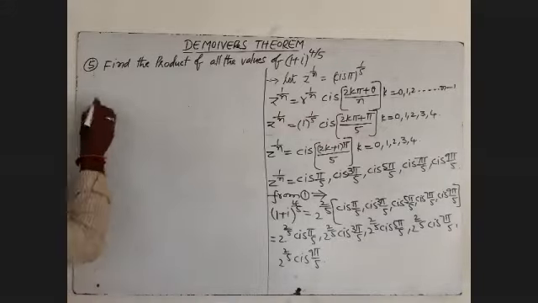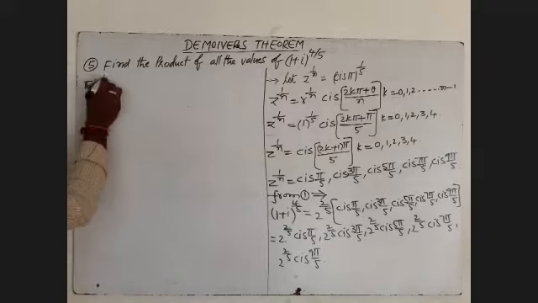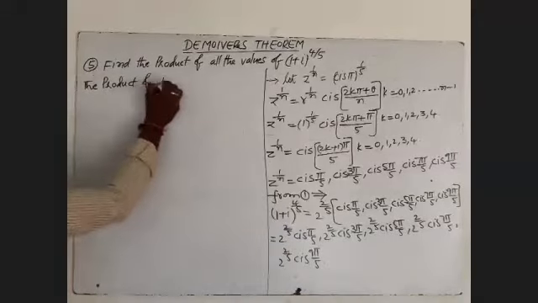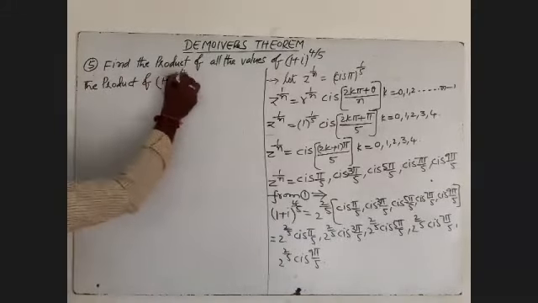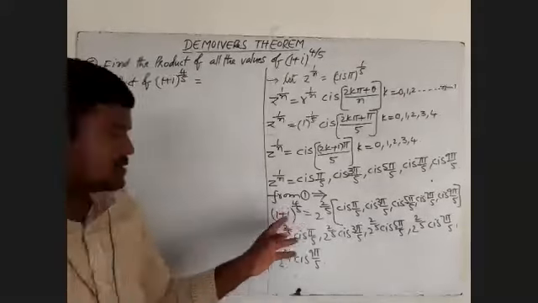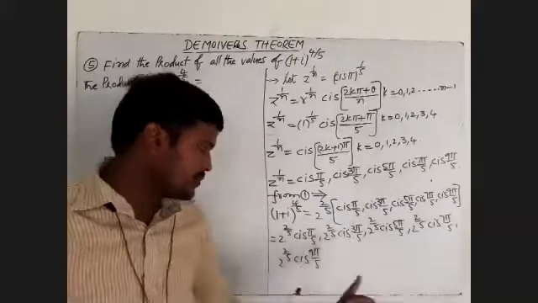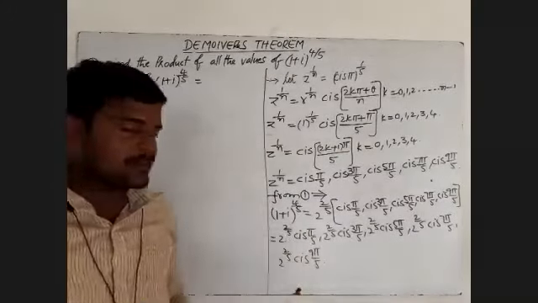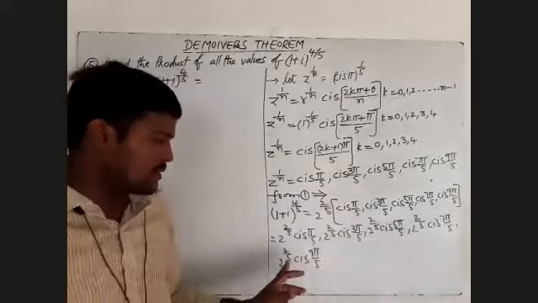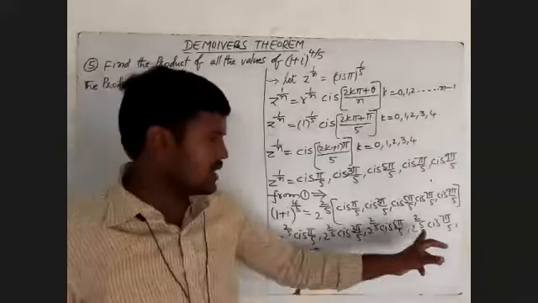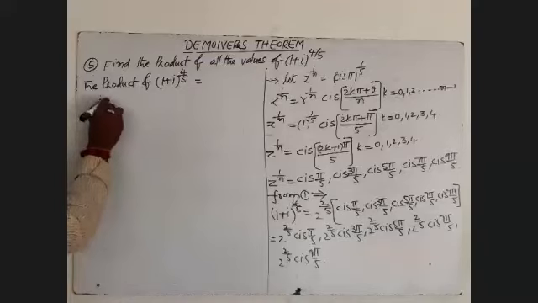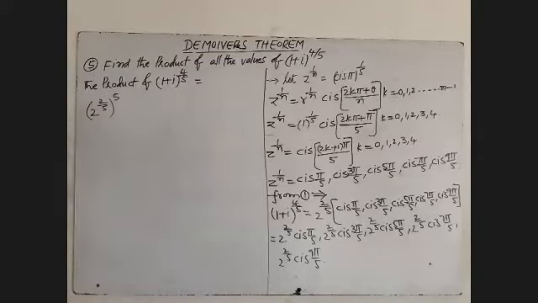The product of (1 plus i) whole power 4 by 5 is equal to, you'll observe, these are the values of (1 plus i) whole power 4 by 5. 2 power 2 by 5 is there five times: 1, 2, 3, 4, 5 values. So I will write (2 power 2 by 5) whole power 5.